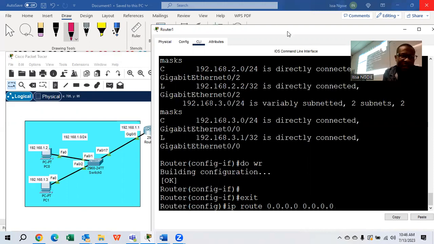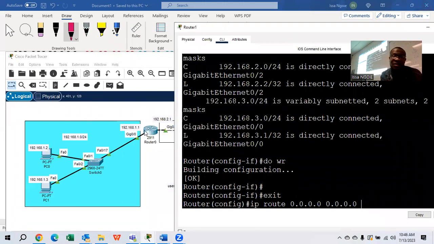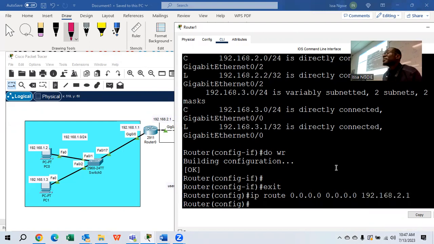Now, what is my next hop? This is my next hop, right? What is the IP address of my next hop? 192.168.2.1. Enter, enter, right?